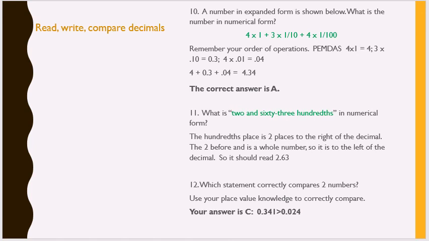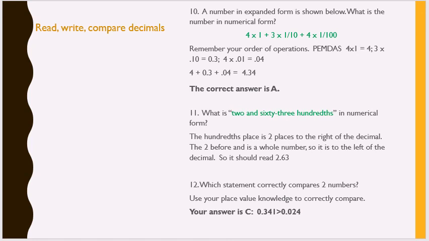Your next will be 3 times 1/10. So 3 times 1/10 would be 0.3. 1/10 is 0.10. Your next one would be 4 times 1/100th. So 4 times 0.01, which would equal 0.04. Okay, in your next order of operations, you have division.